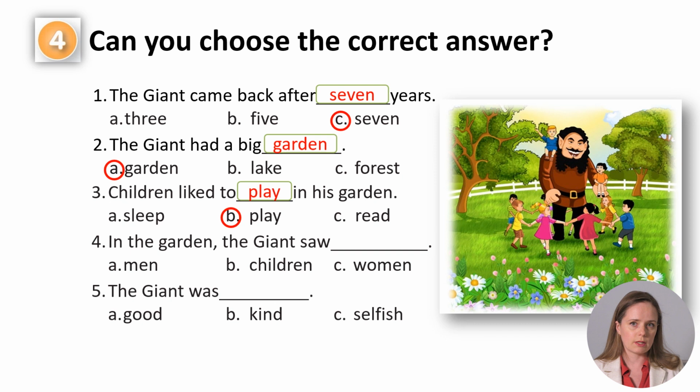Men, children, or women? He saw children as in the picture. And the last sentence, the giant was good, kind, selfish. Okay, he was selfish. Selfish, egoist. That's right. Very good with the selfish giant.